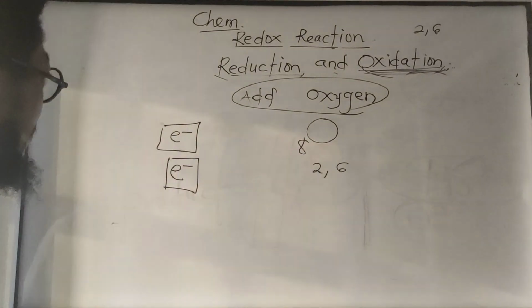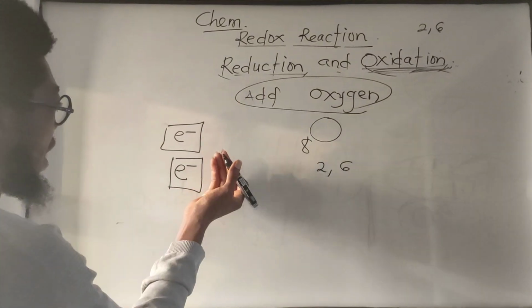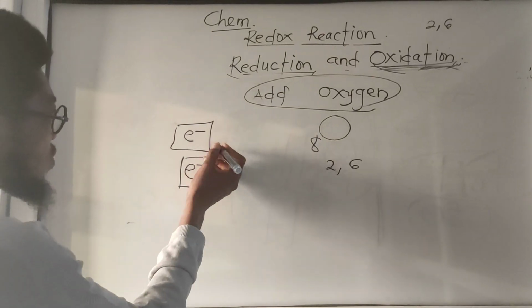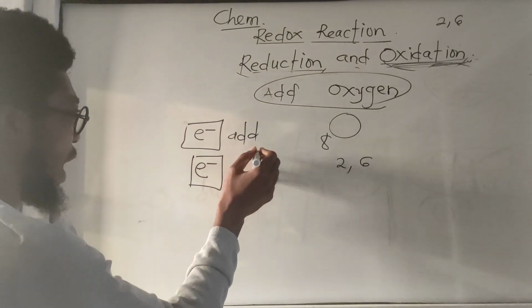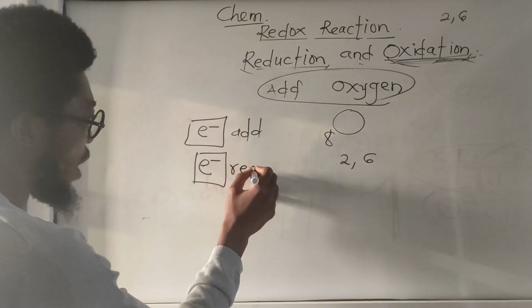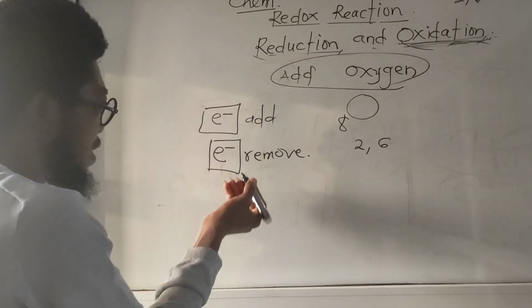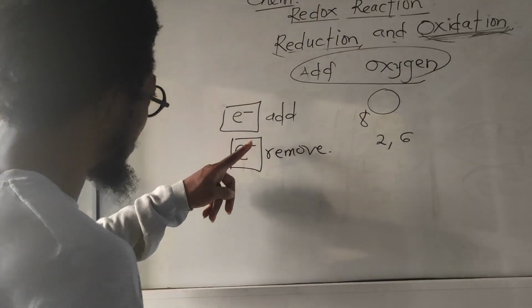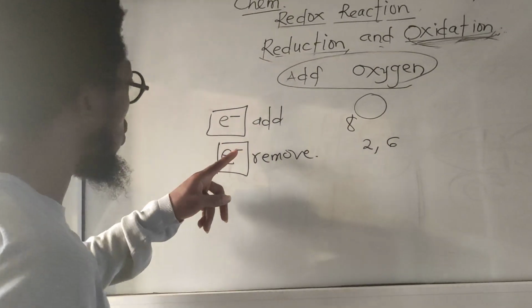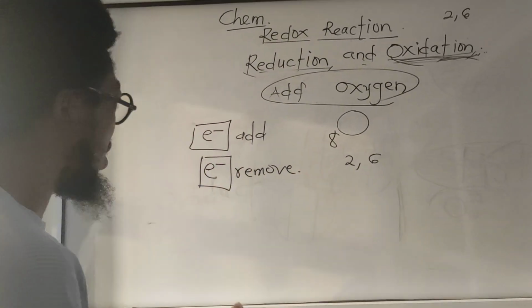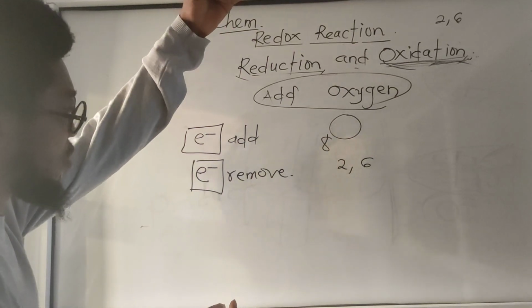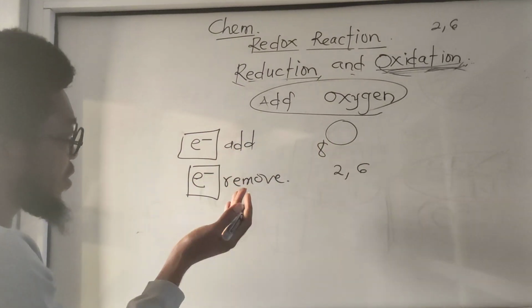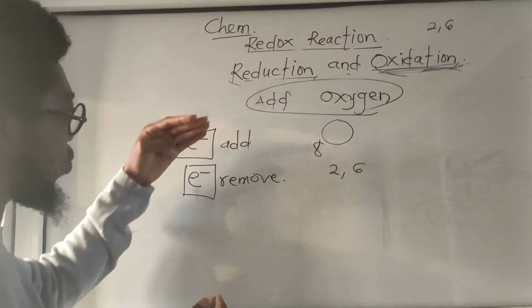Now, which one would you prefer? Which one would you like to say your life is reducing? This is when I add electron to your life. But if I remove electron away from your life, then it's like I'm removing a bad thing because electron is negative. So removing electron from somebody means the person will go up. If you add electron to somebody, the person will go down.